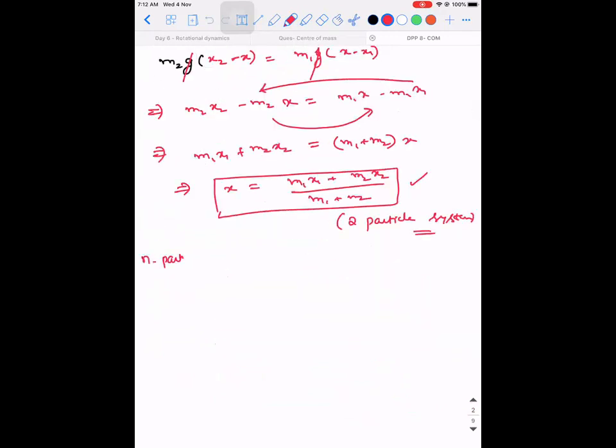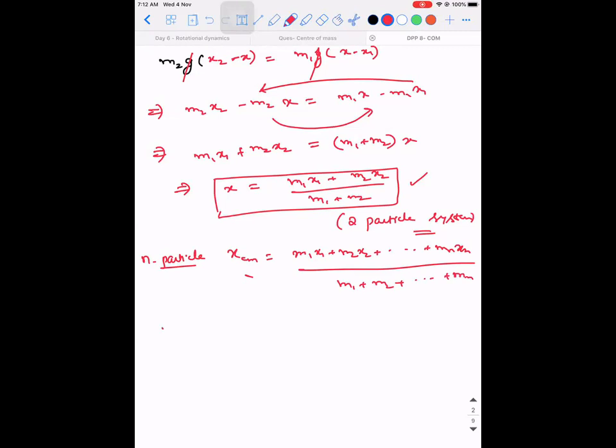For an n particle system, I hope you guys can write down the formula. So the x coordinate of the center of mass will be M1x1 plus M2x2 plus so on till MnXn, the whole divided by the sum of all the masses, M1 plus M2 plus so on till Mn.